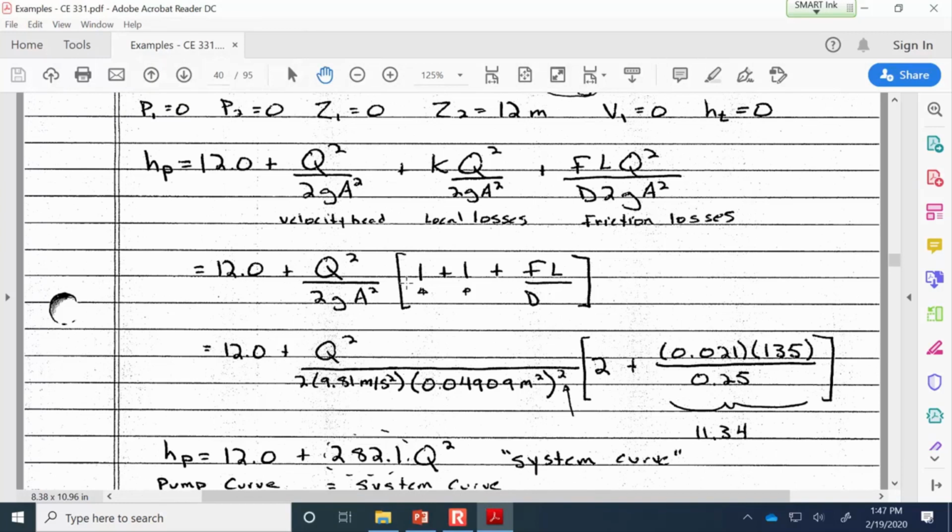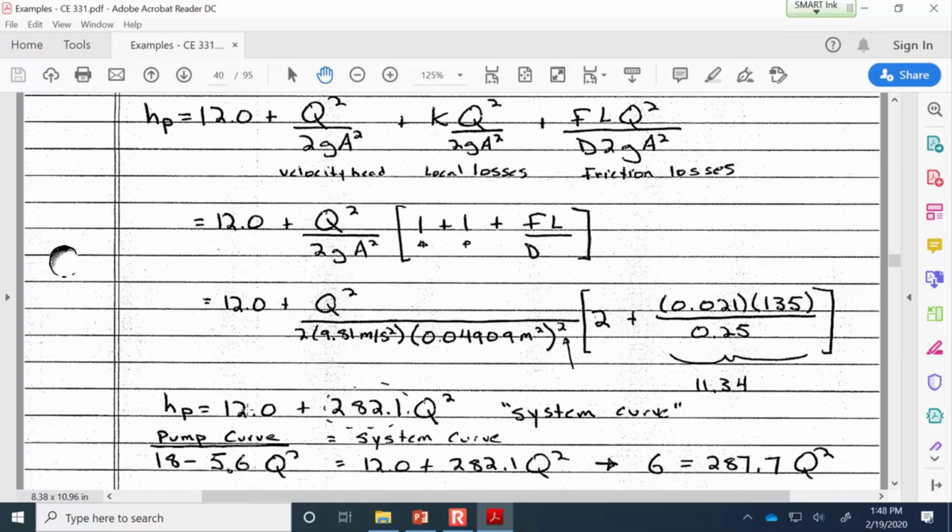Okay, so we have a system curve that's just us substituting the known information into the energy equation, and the way that you find the operating point is set the pump curve equal to the system curve. So we knew that HP for the pump curve, and we set that to the HP for the system curve, combine like factors, we get this equation 6 is equal to 287.7 Q squared.